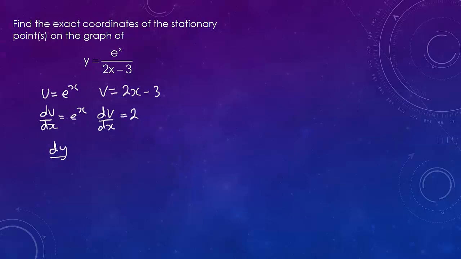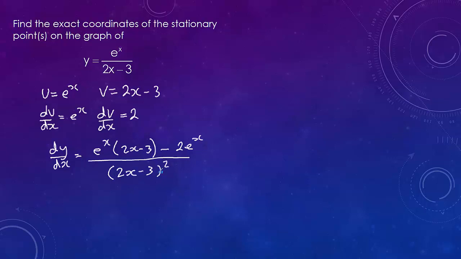So dy/dx is going to be v du/dx, so that's e to the x (2x minus 3), take away u dv/dx, so that's 2e to the x, all over (2x minus 3) all squared.